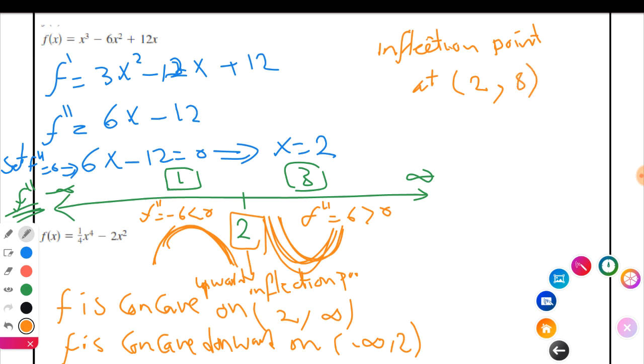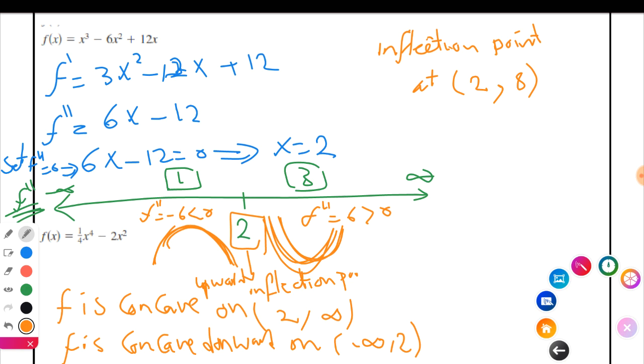I hope you understand. Here, when I'm talking about the concavity, I have to use the second derivative test. I use the number line as I did before with the first derivative to find the interval on which the function is increasing or decreasing. When we talk about the concavity, I do it with the second derivative as I did with the first derivative to find the interval.